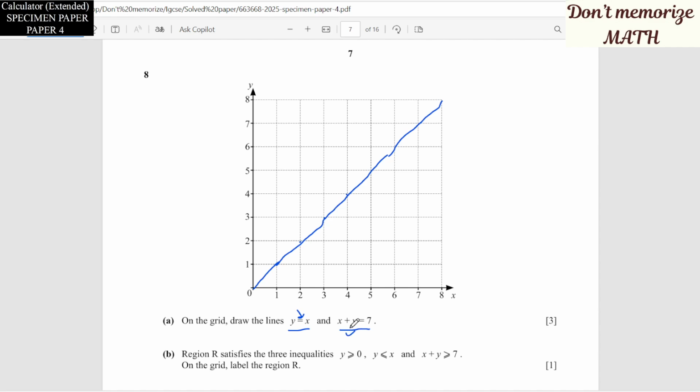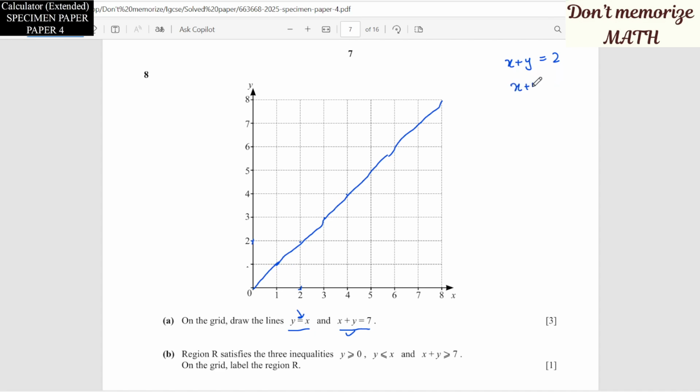x plus y is equal to 7. I will give you some hint to draw this. Like if you have x plus y is equal to 2, for example, not this one. I will just give you some examples. If x plus y is equal to 2, you can just join 2 and 2. Just join them. That line will be x plus y is equal to 2.